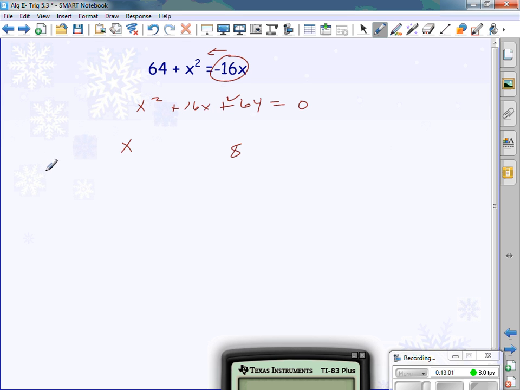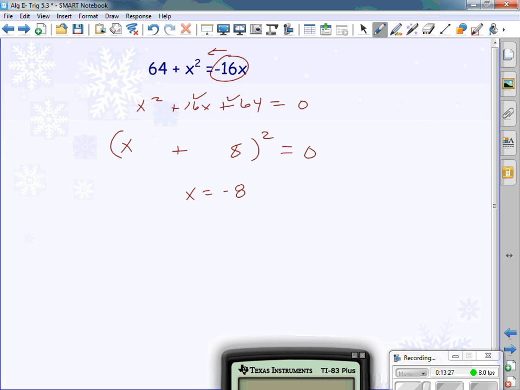Is 2 times x times 8 16x? Yes. So this means x plus 8 squared. Which, if I'm trying to find the zeros, my only zero is at negative 8.